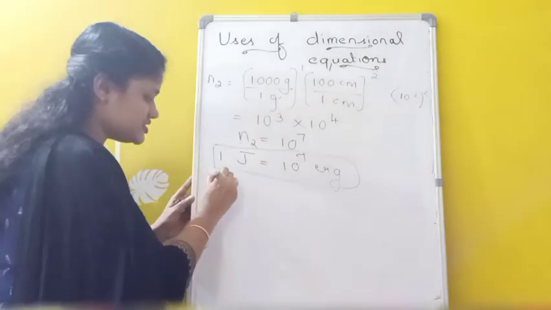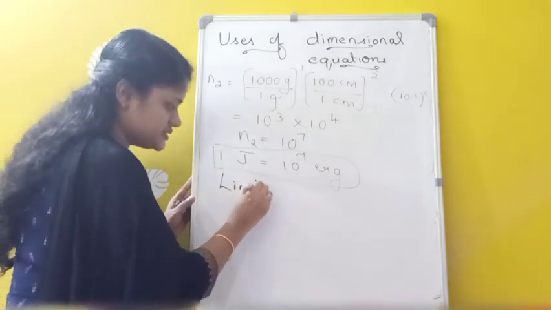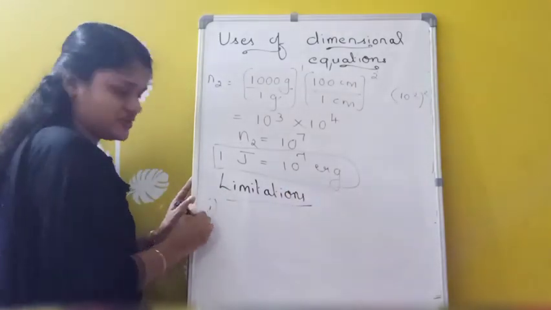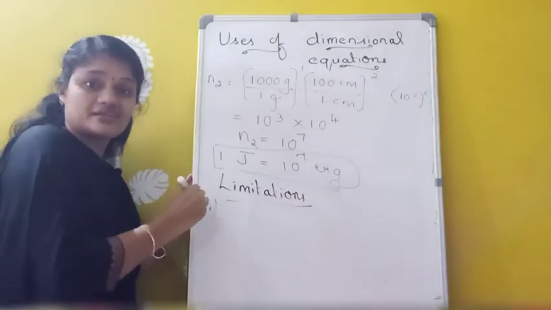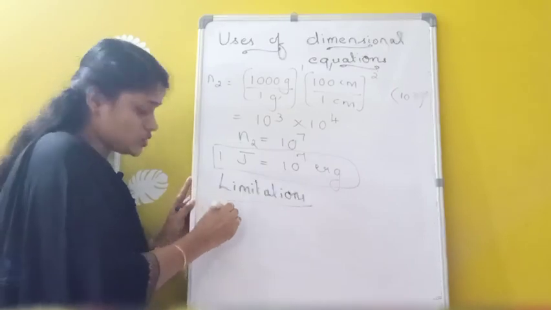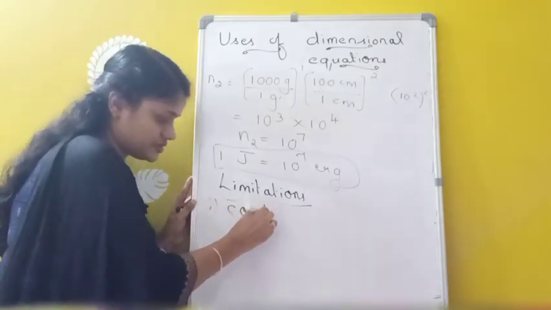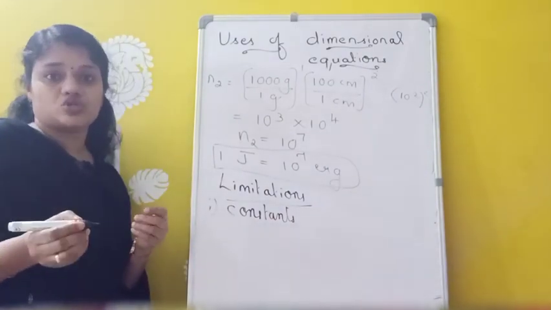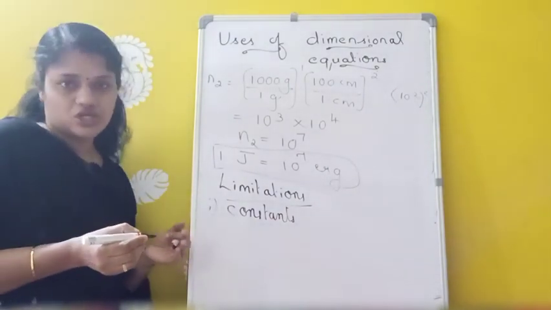So we studied about the different uses of dimensions. Now what are the limitations of dimensions? First one, it does not tell anything regarding the constants, the dimensionless constants. We can only check whether an equation is dimensionally correct or not. It will not tell anything regarding constants.